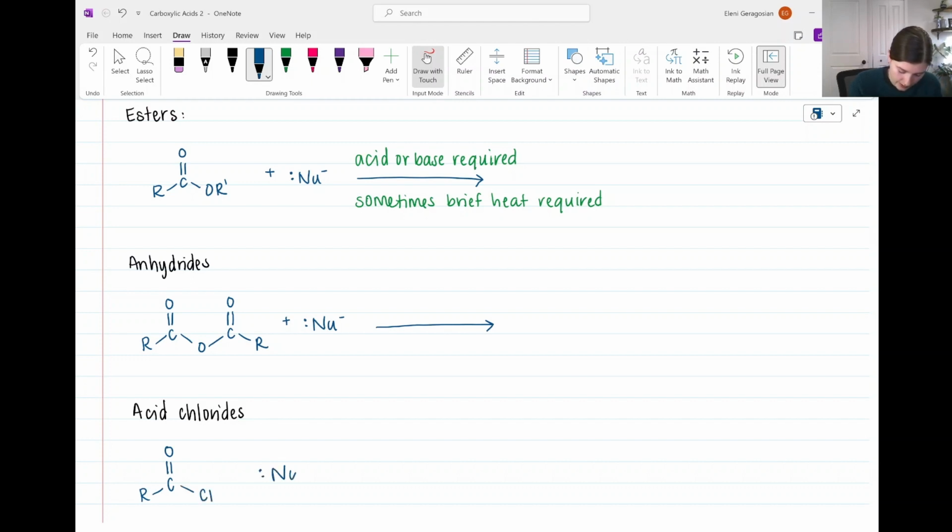And if we are doing nucleophilic substitution with an acid chloride, again, no acid or base or heat is required. So this means that nucleophilic substitution reactions with an anhydride starting material and with an acid chloride starting material occur rapidly at room temperature, and we don't need acid or base.